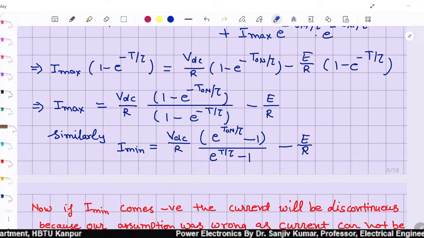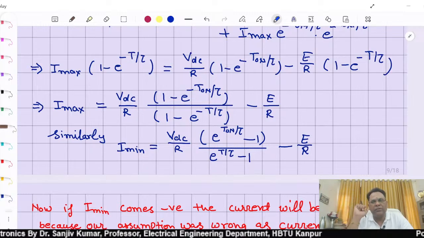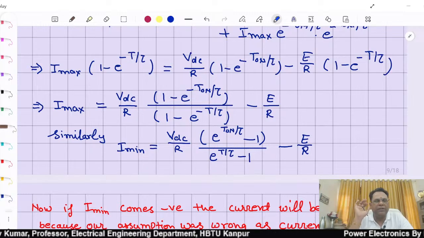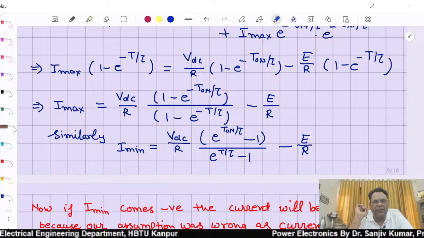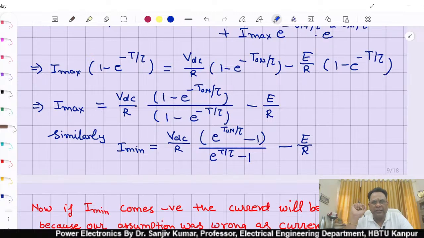Now, once you know the value of minimum current I min, if this current is 0, that means it is the case of critical continuous condition. Or if this current comes out to be negative, that means it is discontinuous mode of conduction.